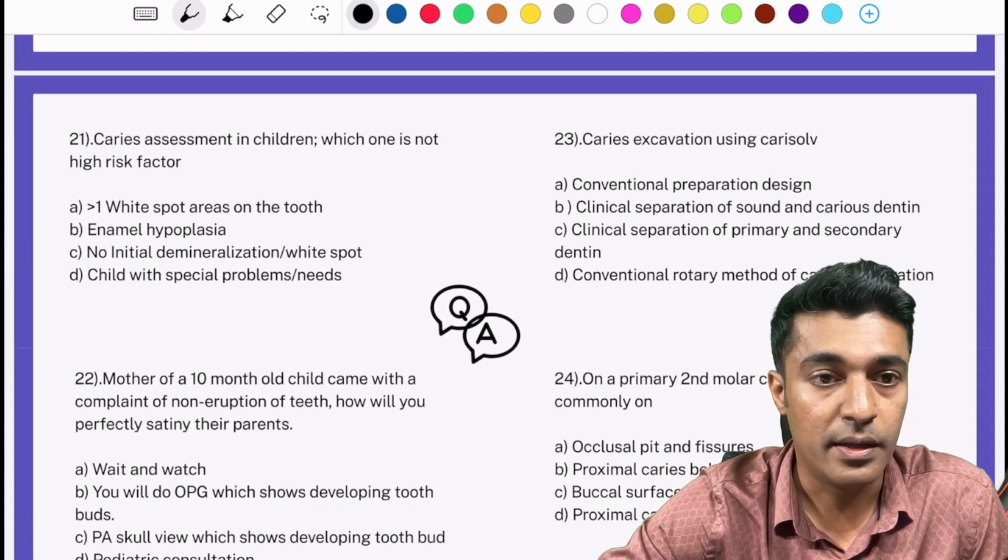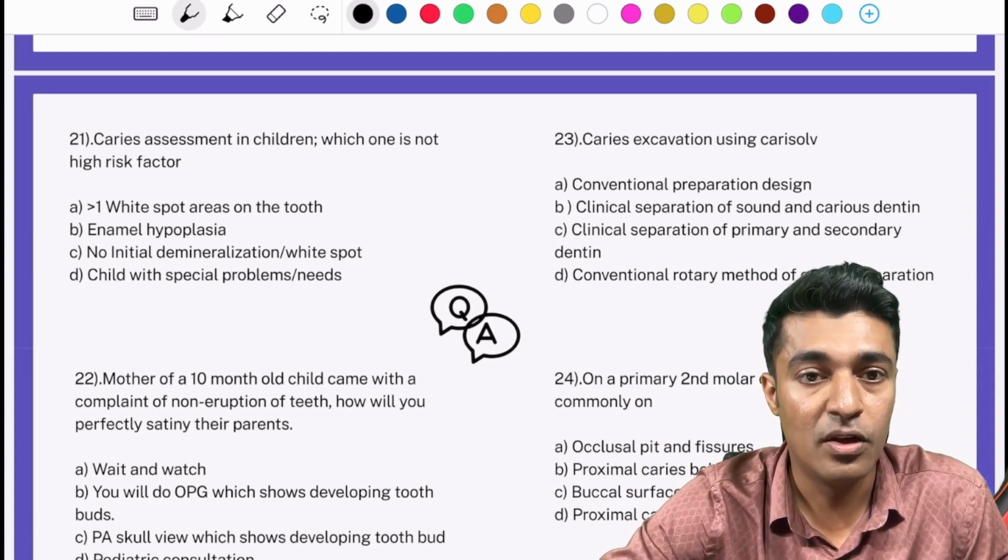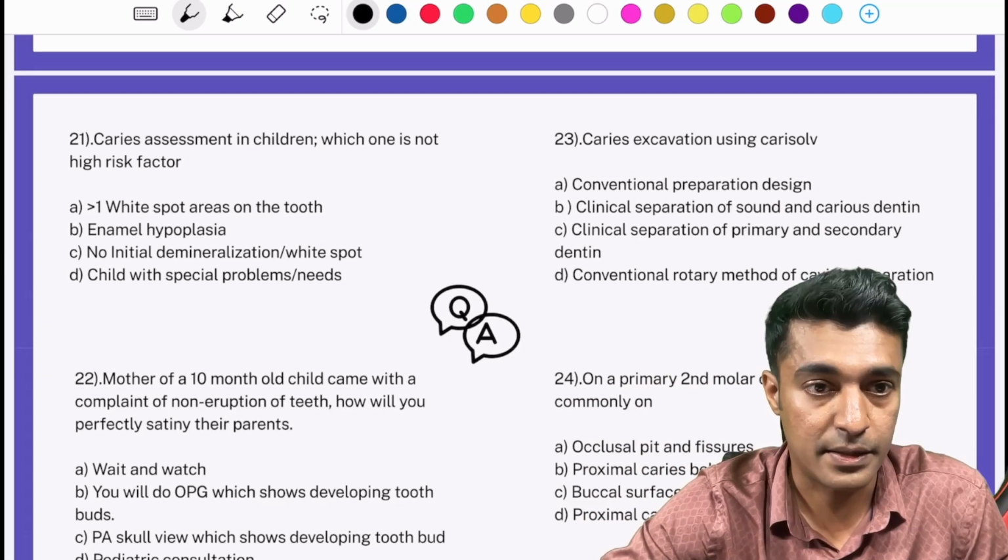Question number 21. Caries assessment in children, which one is not a high risk factor?